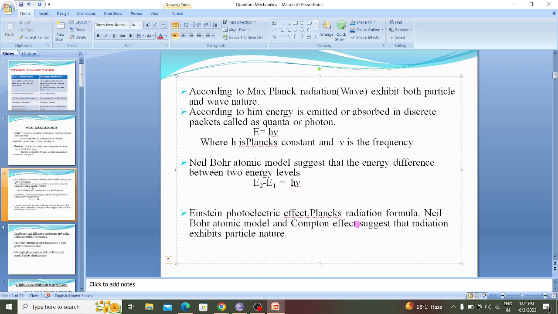Max Planck's radiation formula, Einstein's photoelectric effect, Neil Bohr's atomic model, Compton effect, and you can add black body radiation.